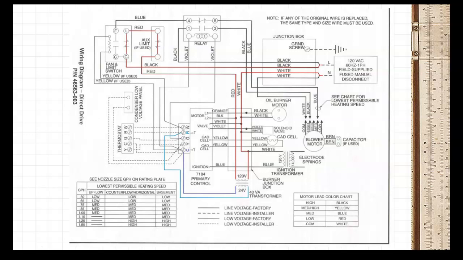This nifty little thing not only transforms it from 120 to 12 or 24 volts, it also turns it from AC to DC. There's an AC to DC filter. So like I said, you start looking for familiarity.